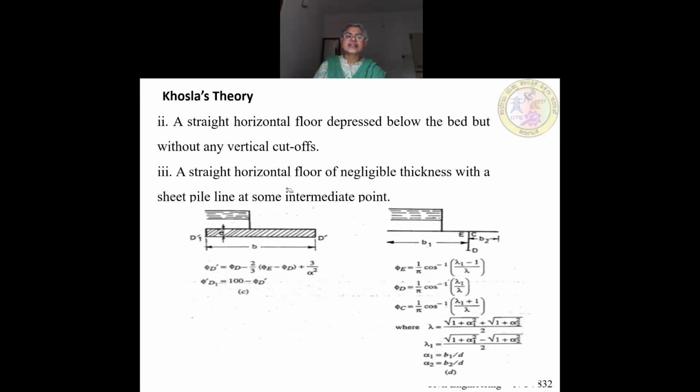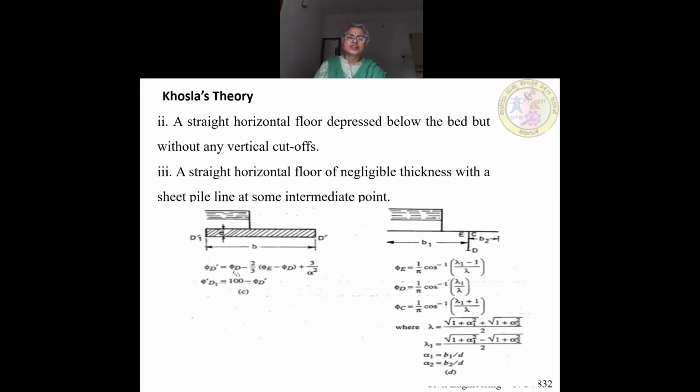And the second case, when there is a horizontal floor, when an apron is provided, a floor depressed below the bed, but without any vertical cutoffs. There are no vertical cutoffs. So normally this problem will not be given, so you don't have to remember this formula. You can just know this.